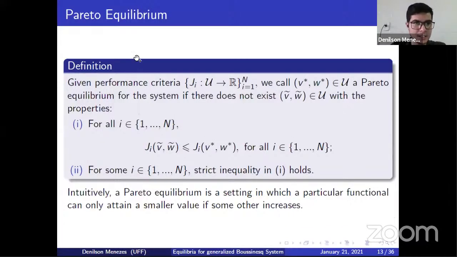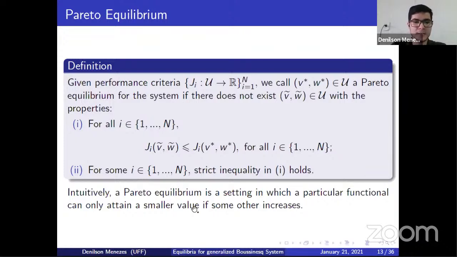Here is the definition of Pareto equilibria. We have performance criteria Ji, i from 1 to n. We call V star, W star a Pareto equilibrium if there does not exist V tilde, W tilde with these two properties.